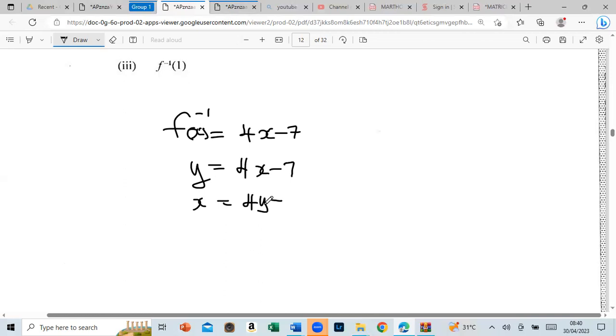And then the last thing, we're going to solve for y, meaning we're going to make y the subject of the formula. So this minus 7 here, we're going to take the inverse, so that's plus 7. So this would be x plus 7, because anything you do to one side, you do to both sides. And then we divide both sides by 4. So that would be the inverse of f.